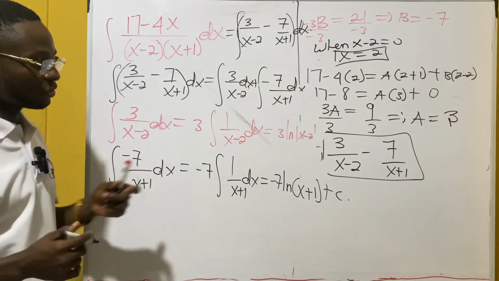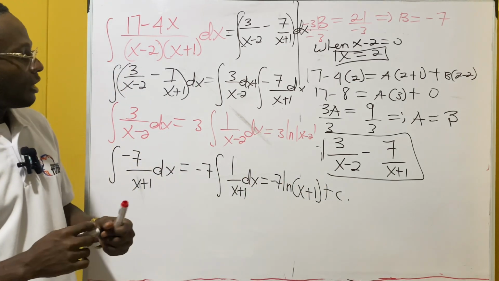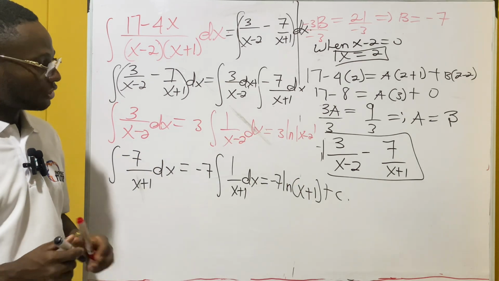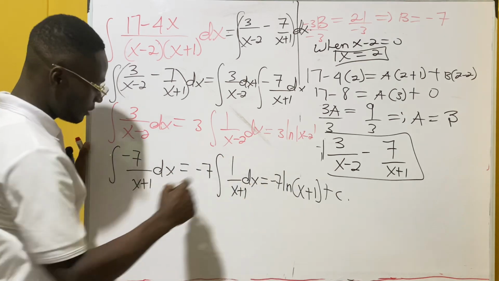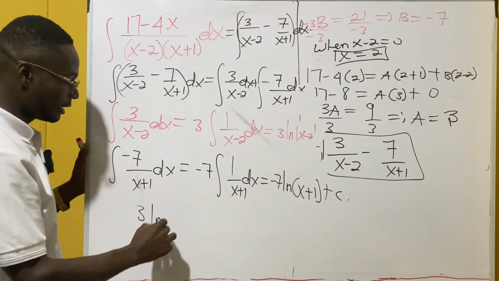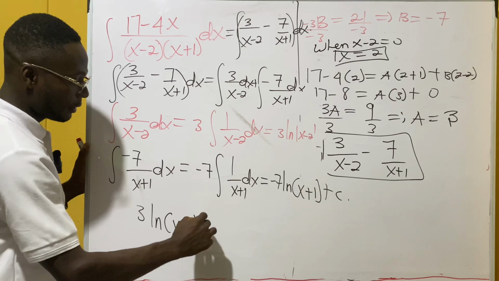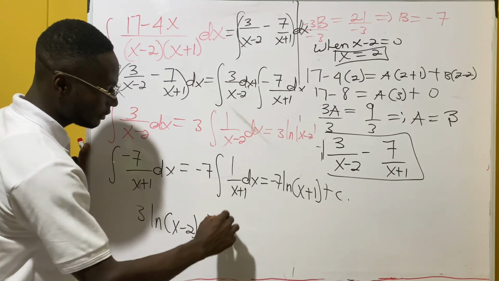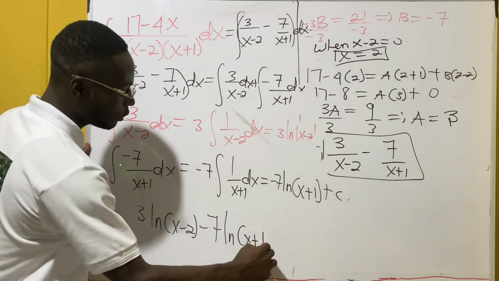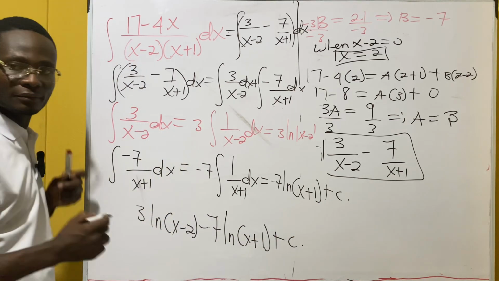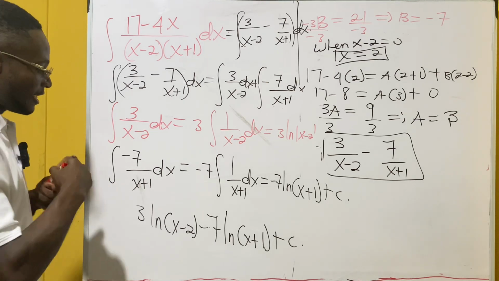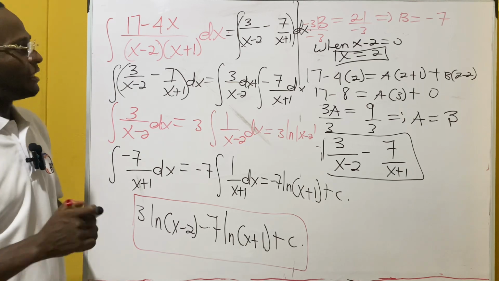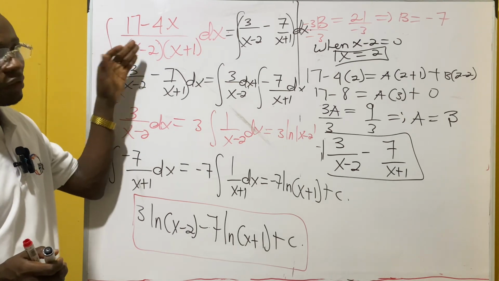Of course, I said it's not very necessary at this point. When we want to add, then we add one constant of integration. So we have 3 ln of x minus 2 plus negative 7 ln of x plus 1 plus c. So this is the approach to go through and find the integral of this particular function.